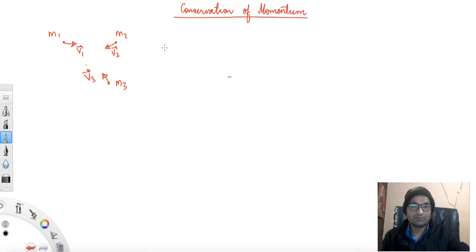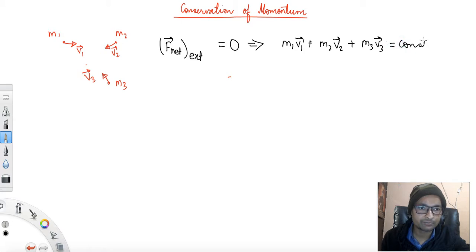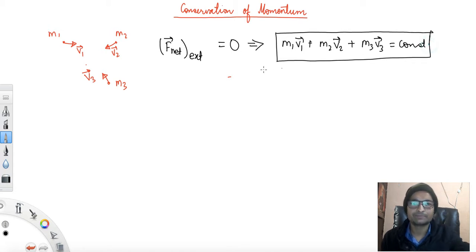So if net external force acting on this system, F net external, is equal to 0, then momentum of the system, which is equal to momentum of all the particles, m1 v1 plus m2 v2, momentum of the second particle, plus momentum of the third particle, m3 v3, is constant. So this is the statement of conservation of momentum.